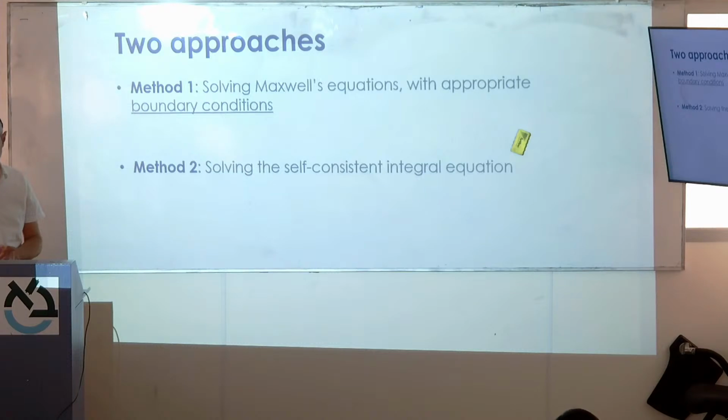That makes the problem quite complicated in terms of defining the boundary condition in the system. So that's the main problem of this method, which is based on solving the Maxwell equations in the system.